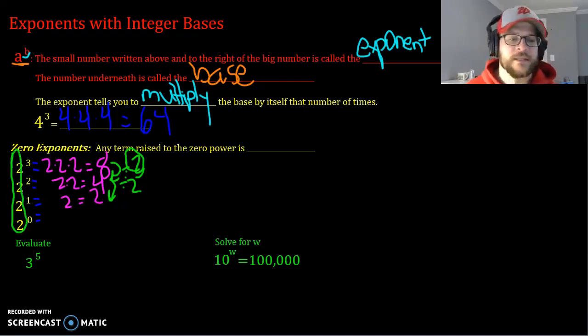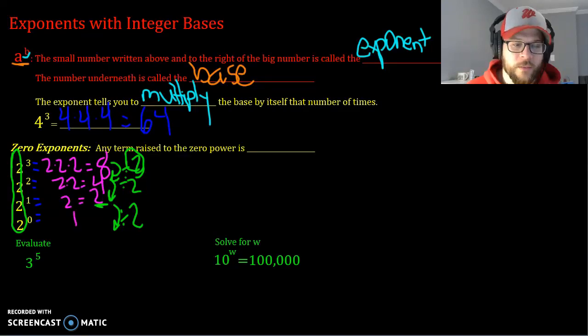If I redid this exact same pattern with 10, you would be dividing by 10. If I did the pattern with 6, you would be dividing each number by 6. Now, if we continue that pattern, again dividing by 2, we are going to get the number 1. 2 divided by 2 is 1.